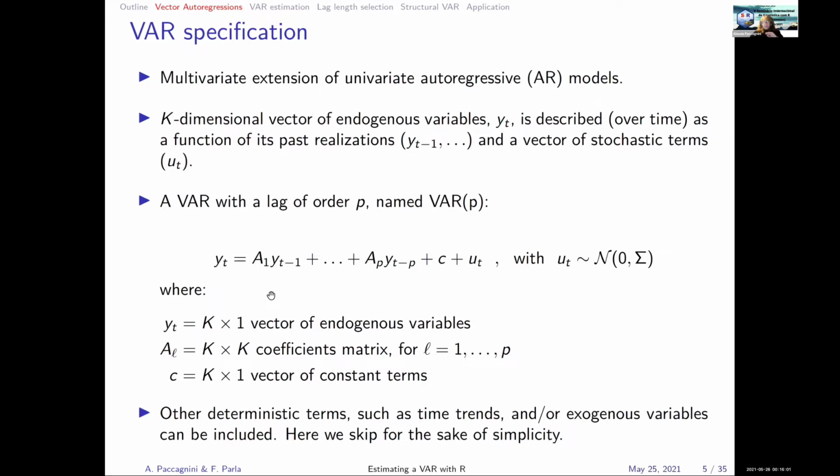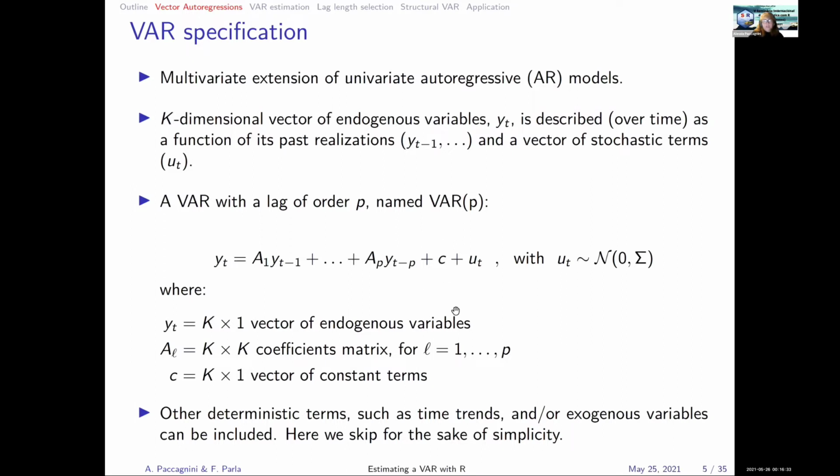Here, all the endogenous variables depend on their own lags and the other variables' lags. And the role of this impact matrix A is crucial: it is useful to understand and monitor the relation between the lags of the endogenous variables and the endogenous variables at the contemporaneous time, at time t.